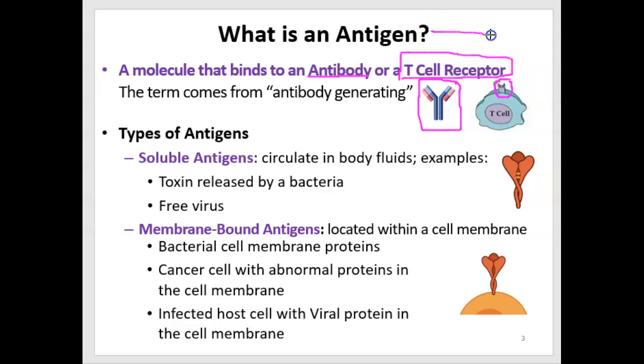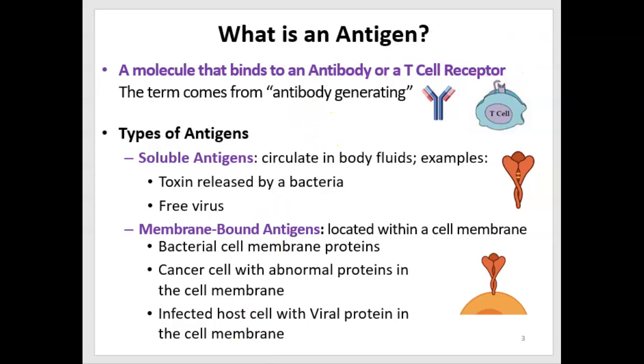And so an antigen can bind to that. An antigen can also bind to an antibody, but with specificity. So there are many antibodies and many T cells and T cell receptors in your body, but one particular antigen will bind to only certain types of antibodies or certain types of T cell receptors.